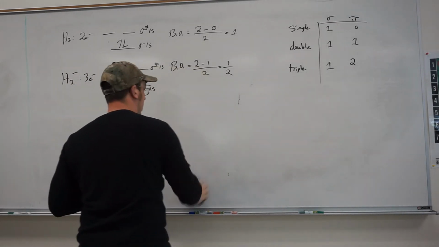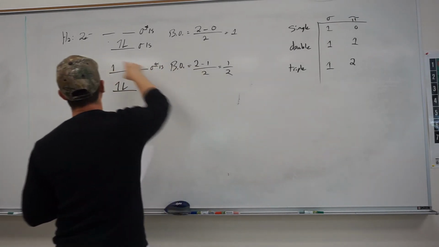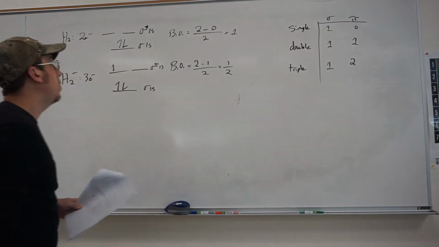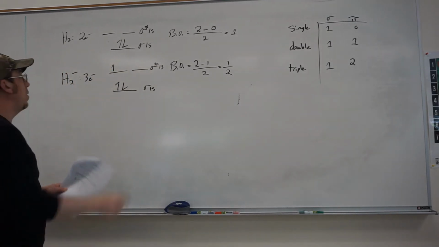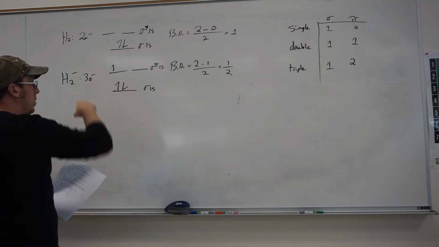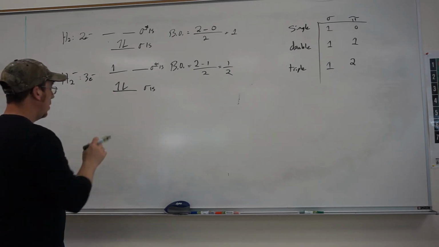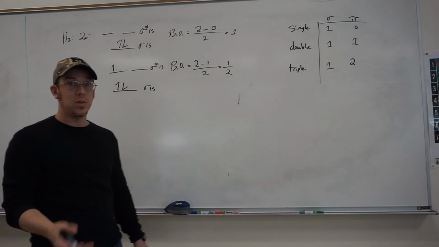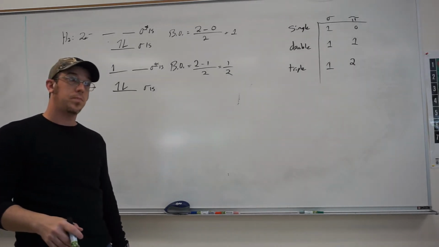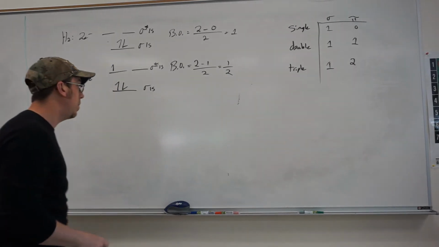What we learned from this is that the bond order for the hydrogen neutral molecule is 1, and the bond order for the second one is 1/2. The higher the bond order, the more stable the molecule is. It also reflects on the bond length.